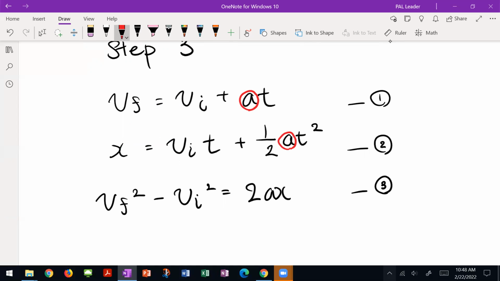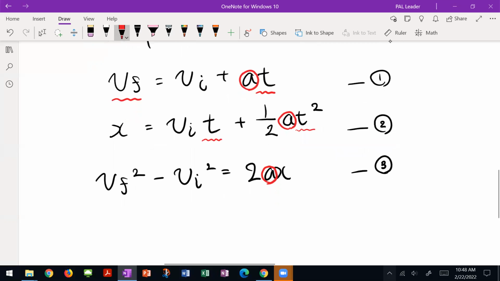That's what we are ultimately trying to find, but we don't know how long it took. Displacement, we do know that. We know how long they traveled. The time, we don't know how long this took. So far it looks like we can't use 1 or 2.